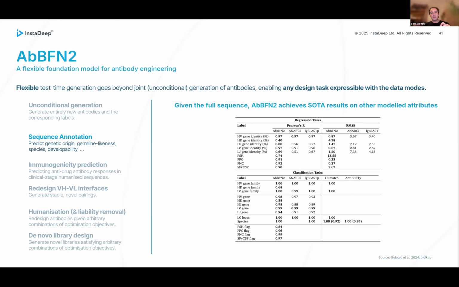There's a couple of things to note here. The prediction of the J gene, for instance, goes up by a fair bit. That's towards the bottom there, in the classification tasks. We get an improvement of 0.1 on the F1 score. And we think that's because the model has access to all of the data, right?